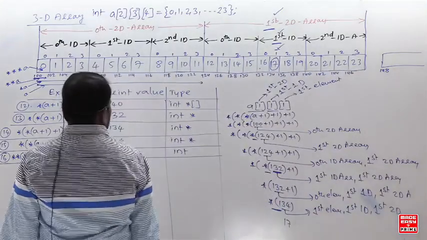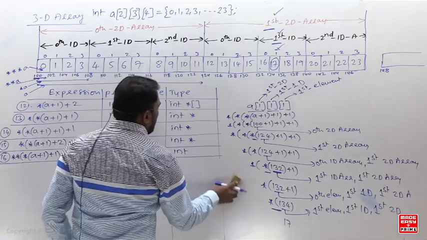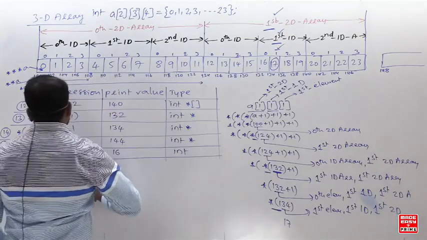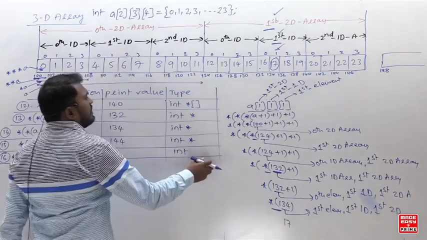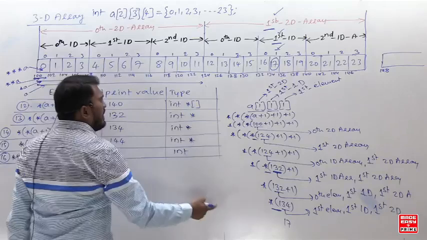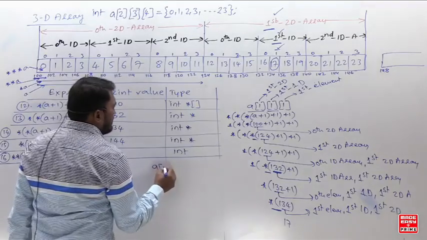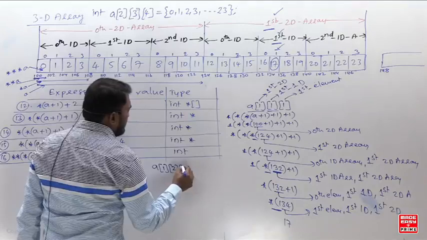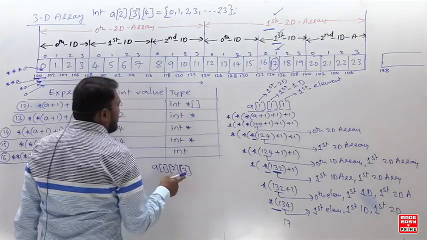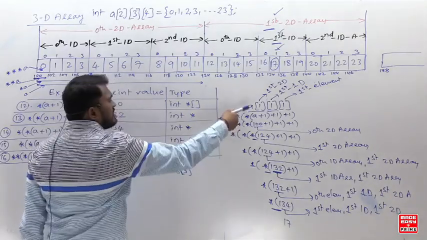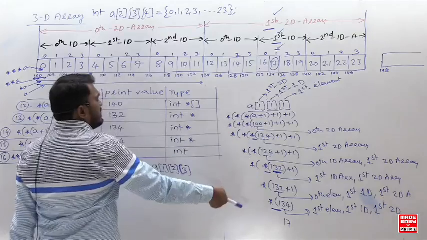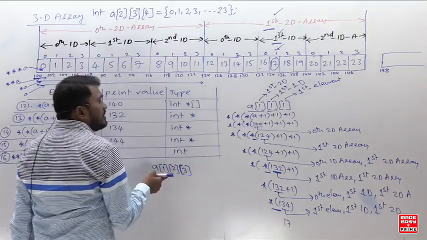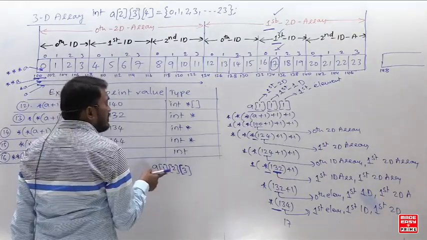Once you have copied that, those who have completed copying, in the same manner expand this one, A of 1 2 3. First you copy this, as I expanded it; you need to write properly.